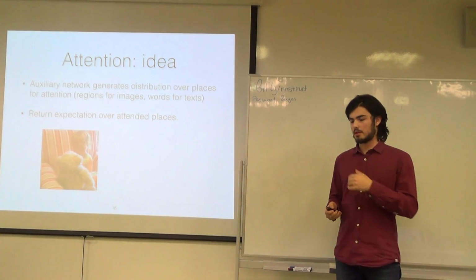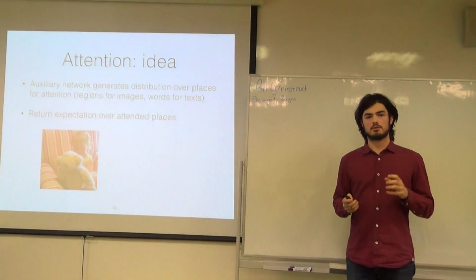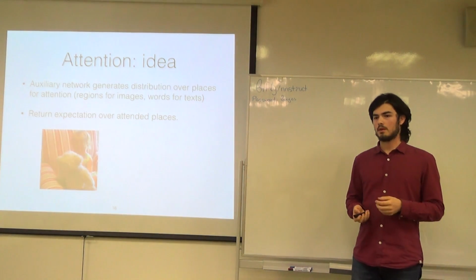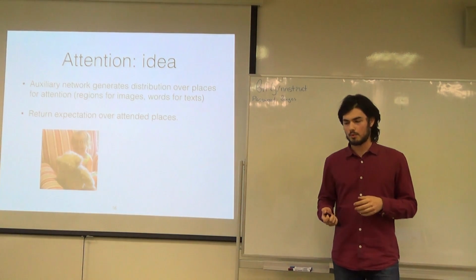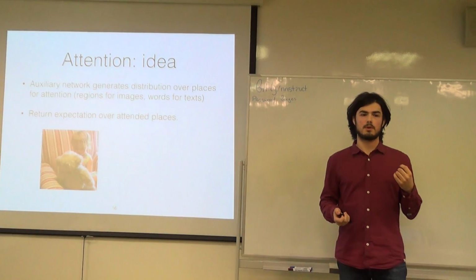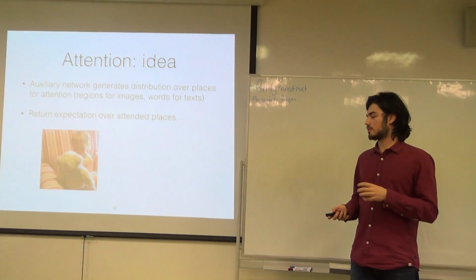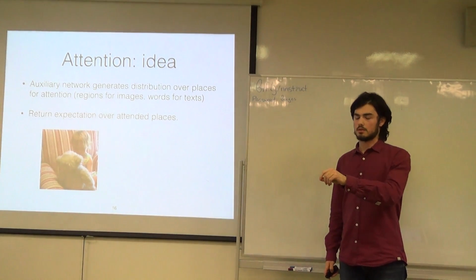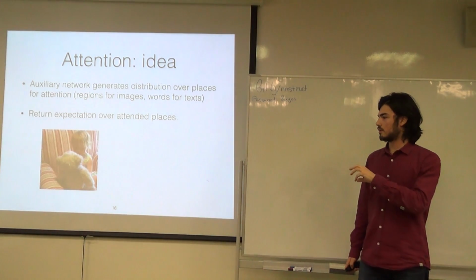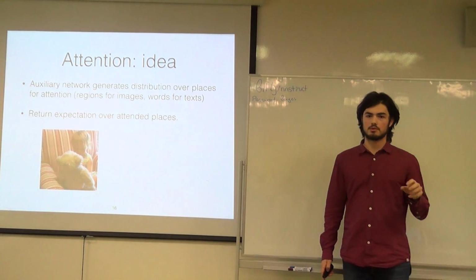And then you apply the same attention mechanism to those feature maps. And you can visualize where the network looks by, for example, taking the most attended regions and highlighting the receptive fields of those neurons.